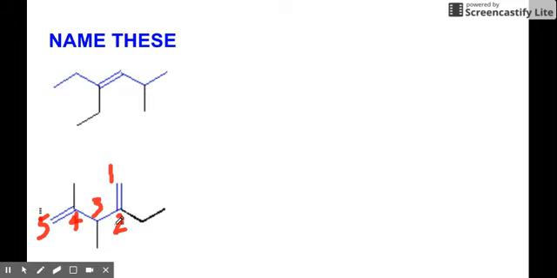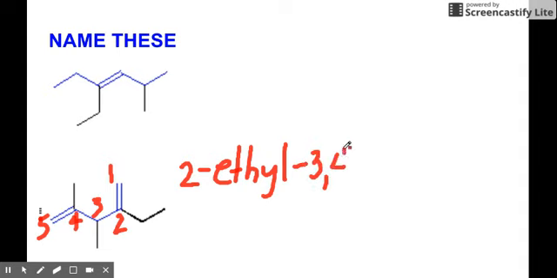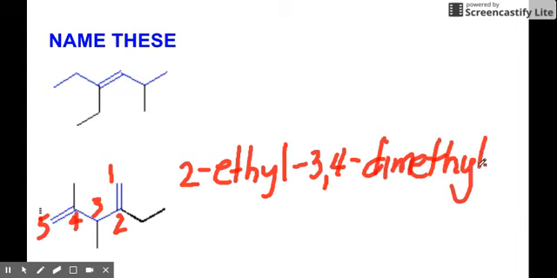So we have 2-ethyl, ethyl is in carbon 2. And our dimethyl are in carbons 3 and 4. So that's dash 3, comma 4 dash dimethyl, and then dash again because we're done with all the branches.